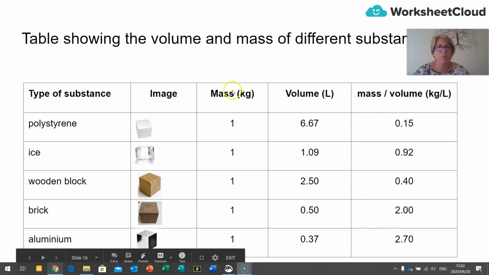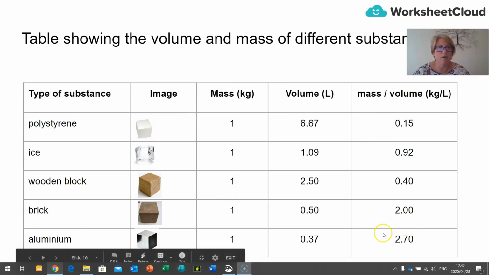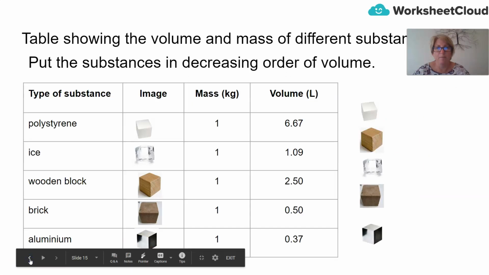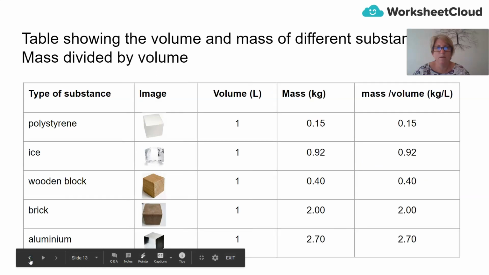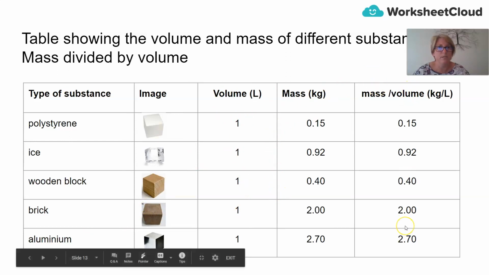So in the scenario where we keep mass the same, here are our mass divided by volume equations. And if we go back to where we kept our volume the same and our mass has changed, when we took mass divided by volume, we came up with the same set of results. So how can this be?